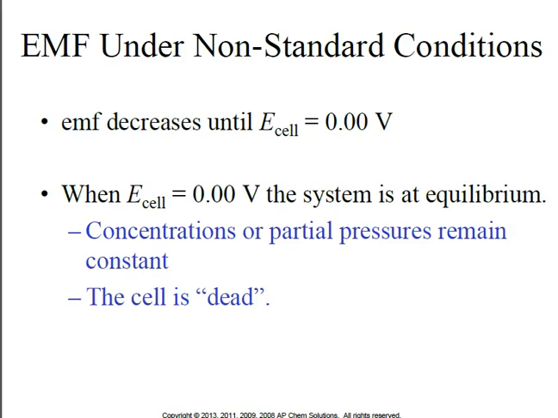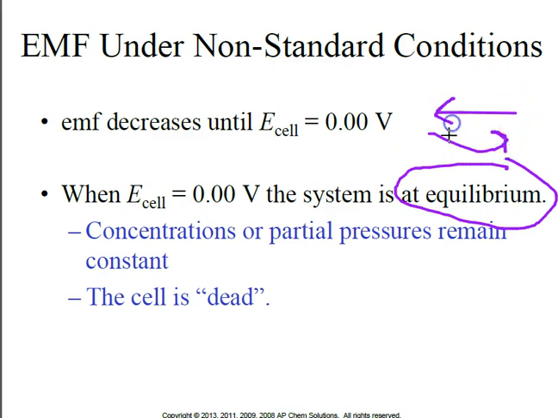As the cell runs, it's going to run until the voltage reaches 0. And when that happens, the cell is at equilibrium. Now remember, at equilibrium, stuff still moves forward, but it also moves backwards at the same rate. And so there's no force, right?